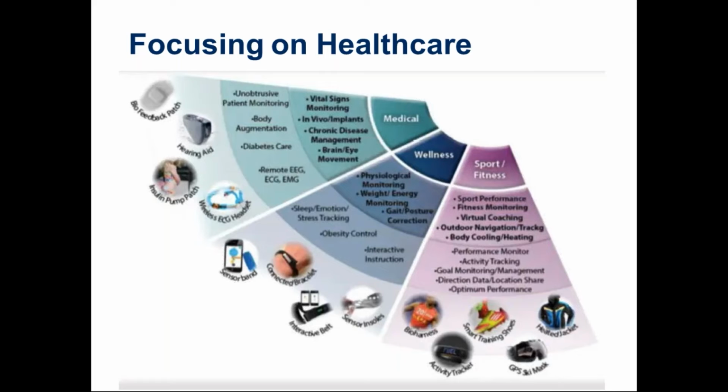The device should be unobstructive. So outdoor navigation and body cooling and heating, all those things are needed. How are we able to do this? We can do this by activity tracking, goal monitoring, direction data and location, and optimal performance.